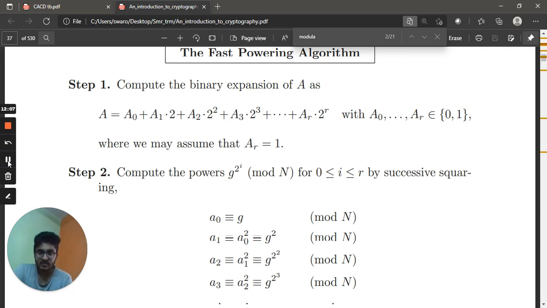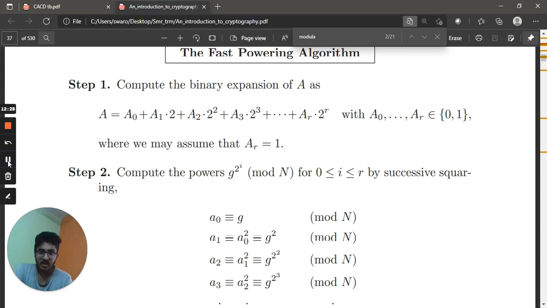It contains 3 steps. In step 1, compute the binary expansion of a as a equals a0 plus a1 into 2 plus a2 into 2 square and so on up to ar into 2 power r, with a0, a1, a2 and so on up to ar belonging to 0, 1, and we assume that ar equals 1.